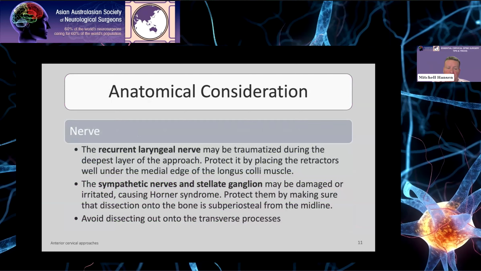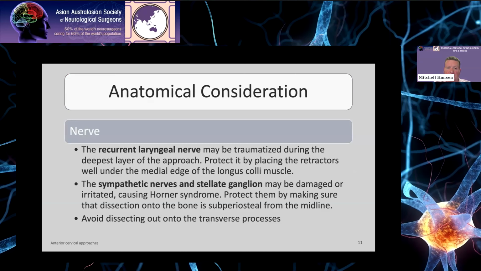Some of the nerve issues: the recurrent laryngeal nerve is probably the one that gets the most publicity and can be traumatized during the deepest layer of the approach. Trying to protect it with the retractors once you're under the medial edge of the longus is one thing to do. The other thing to protect it, when I'm looking at anterior surgery, and reduce the risk of recurrent laryngeal nerve palsy is that I'll get the anaesthetist to check the cuff pressure of the endotracheal tube.